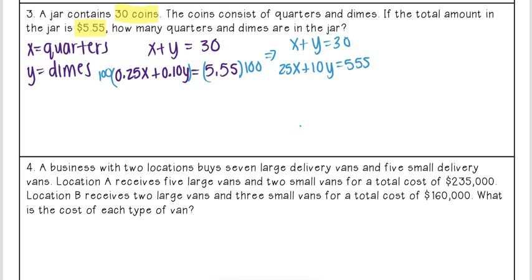So now that this looks a little bit nicer, I'm going to go ahead and solve this by elimination again. The easier one that I think will be is to multiply this top equation by negative 10 so that my y's can cancel out. And so then I get negative 10x minus 10y equals negative 300.